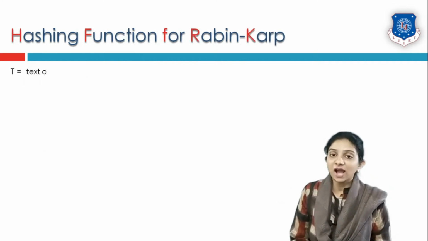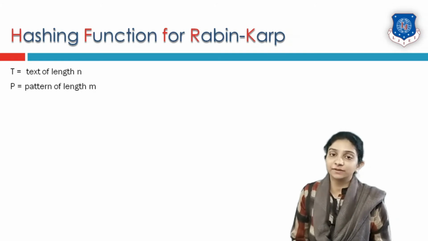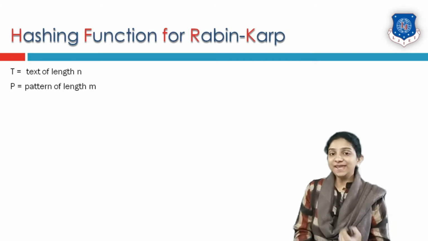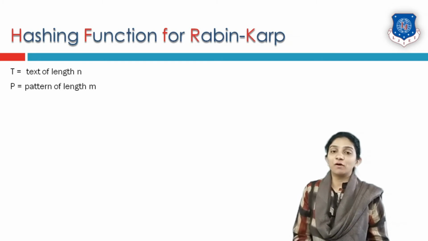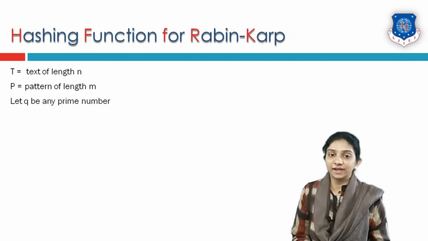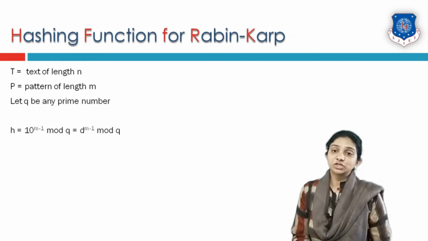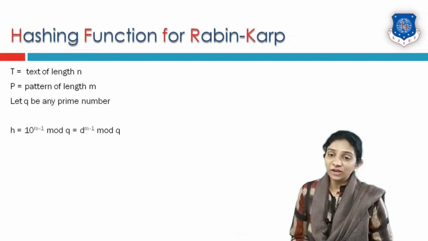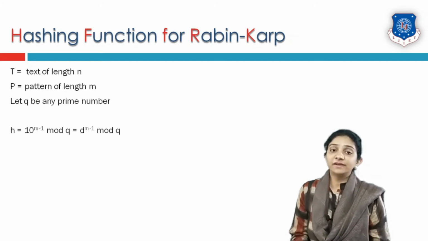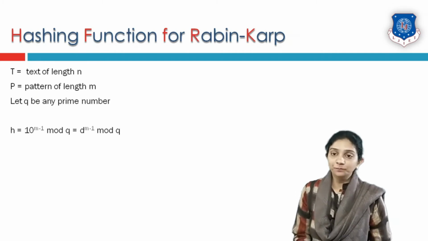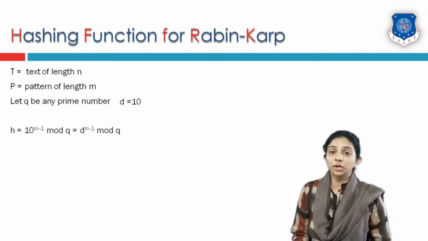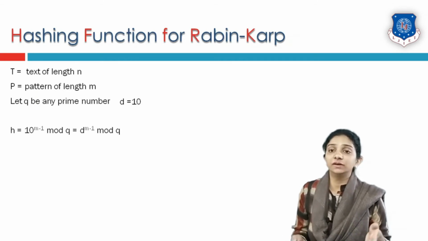Now look at how the hashing function for the Rabin-Karp method is used. T is nothing but a text of n characters, and P is a pattern of m characters. Let there be a prime number, we call it Q. The hashing function for Rabin-Karp is calculated as 10 raised to m minus 1 mod Q, where 10 is equal to D. D is the number of symbols in the given text.